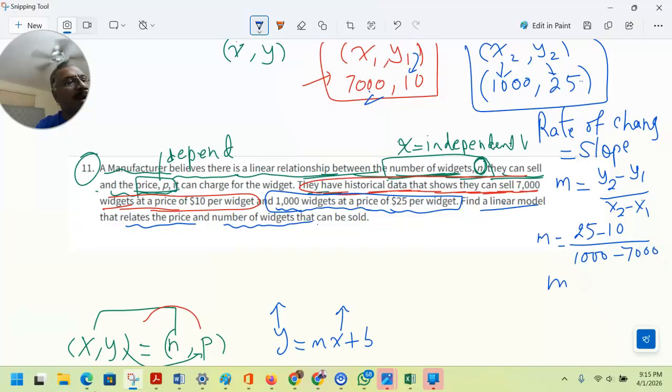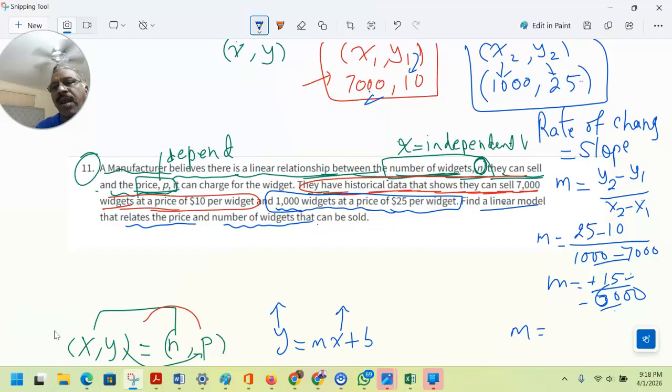So you end up getting m equals negative 15 over 300. Sorry, here I made a mistake: 1,000 minus 7,000 is minus 6,000. So let me correct this. You can reduce this. There's a 15 which divides here.